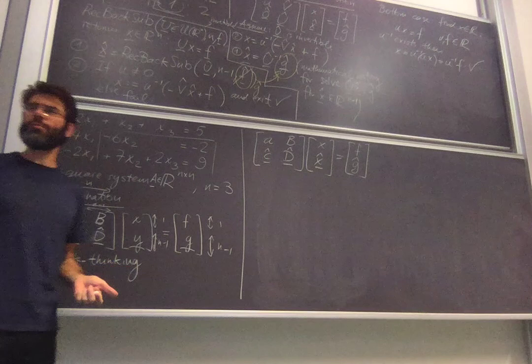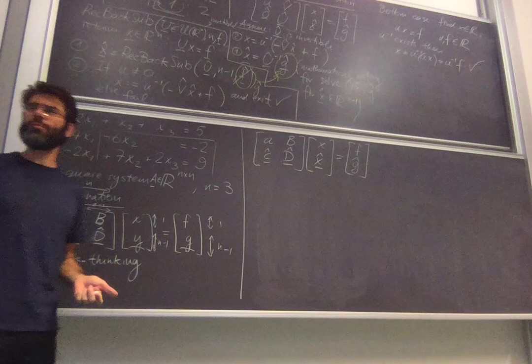And you're going to say, well, just use forward substitution, right? Which is some kind of equivalent of backward substitution, except you start from the top. If I gave you a lower triangular system, it would be very easy. For example, let's say 2, 3, 1.